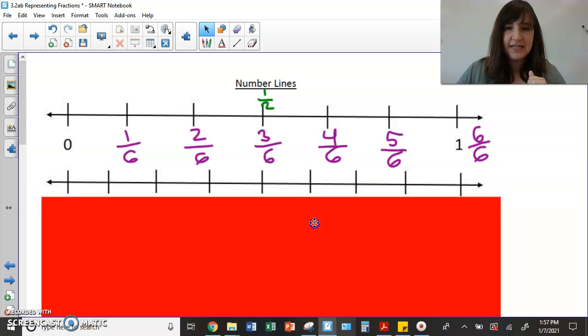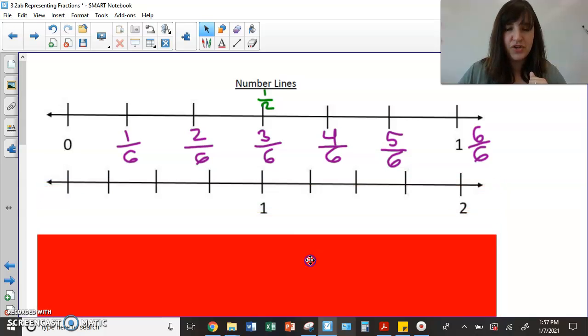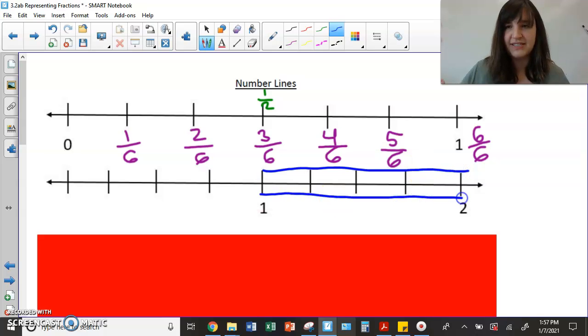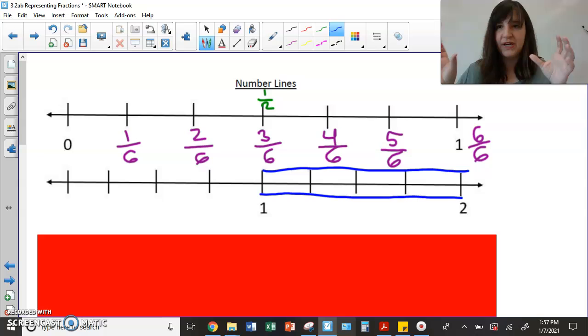So let's go ahead and let's label this next number line. So I don't have the number 0 listed, but I do have the numbers 1 and 2 listed. So I'm going to do the same thing I did before, and I'm going to connect these pieces, and that's going to help me look and see how many parts I have between the 2 whole numbers. Okay, it doesn't have to be between 0 and 1, but it has to be between 2 whole numbers. So I see that I have 1, 2, 3, 4 parts.